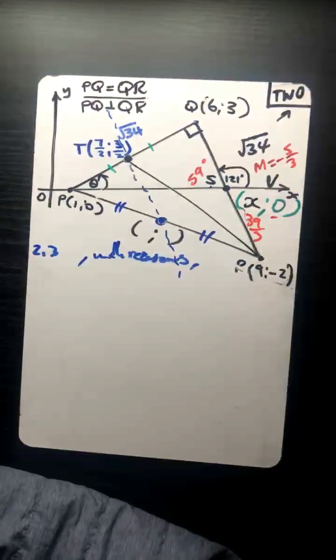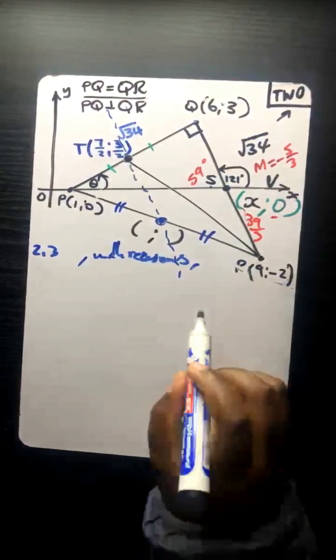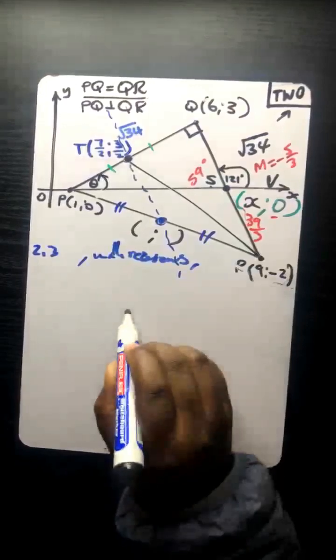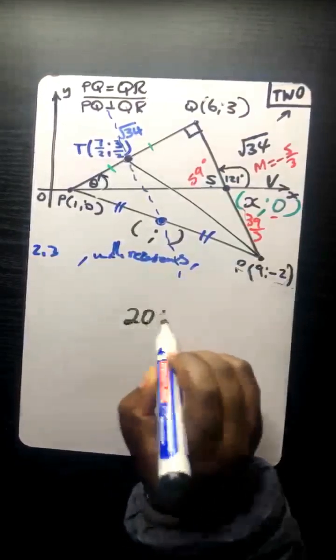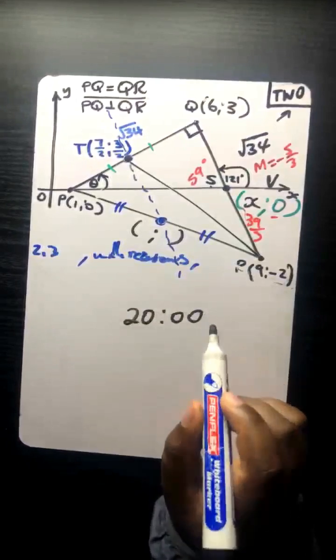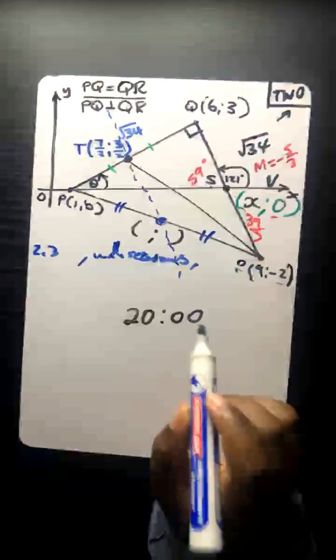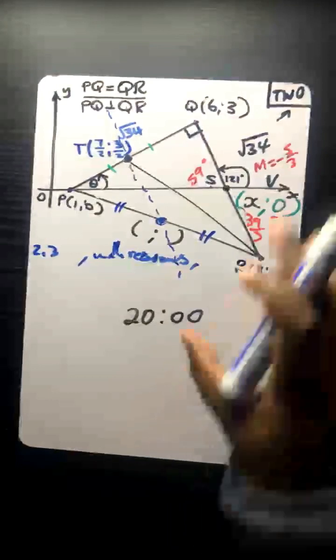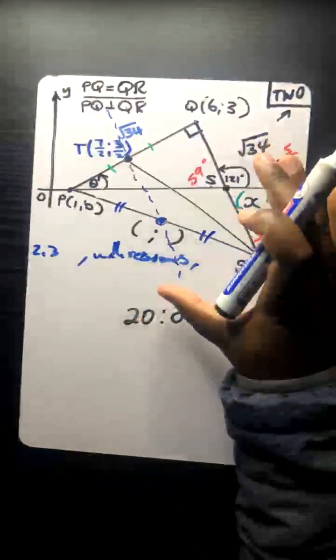And again, lastly, that surprise that I was talking about: exactly at 20 o'clock, there's going to be a very quick classwork that you need to work out. It's based on this same chapter.